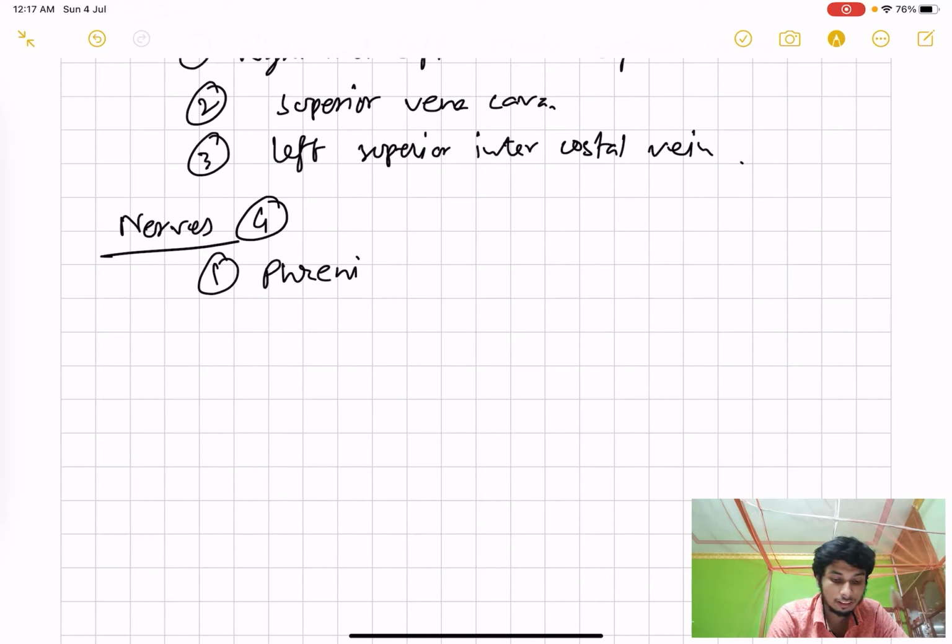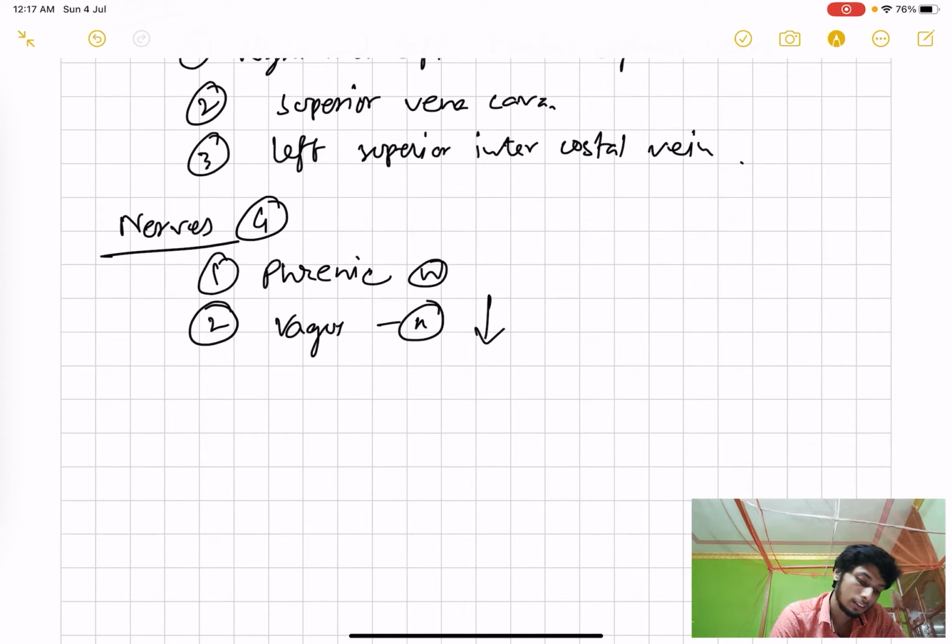Obviously it will be there to supply the diaphragm. 2, vagus nerve, for the heart, that decreases heart rate. Number 3, sympathetic nerve, increases heart rate.